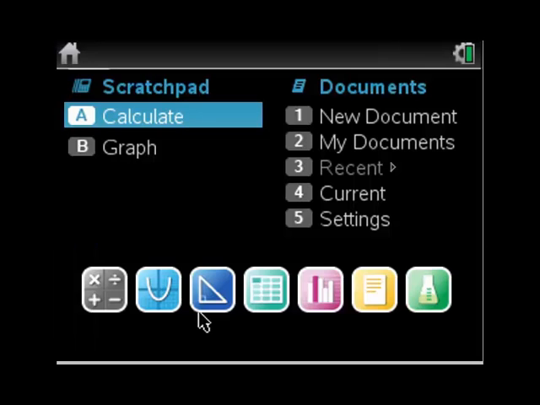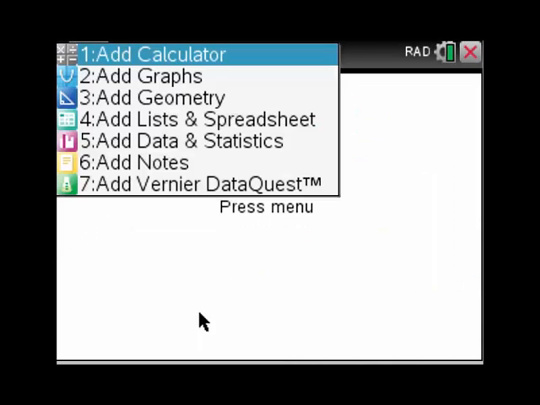So I'm going to go home 1. No, I don't want to save. Get a graph.